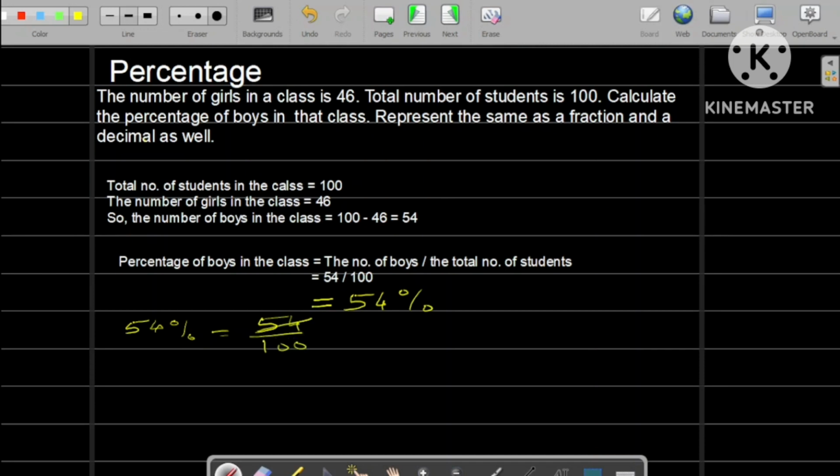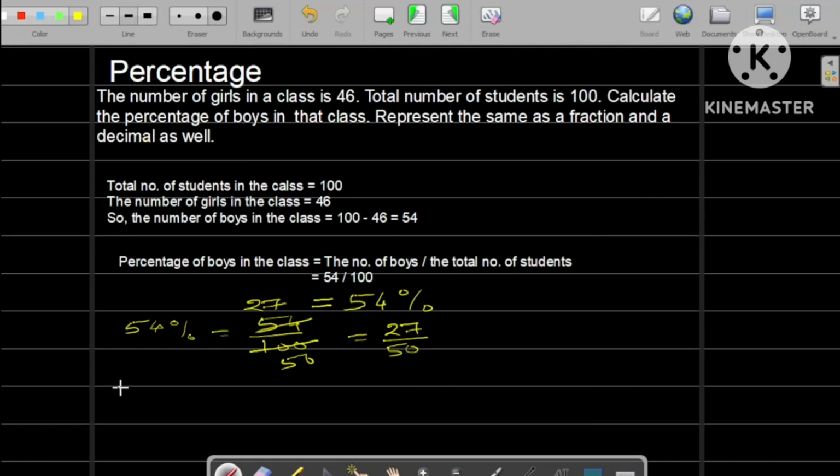If we cancel it out by dividing it with 2, we'll be having 27, and we divide it out by 2, we'll be having 50. So ultimately we have got this equivalent 27 by 50. Can further cancellations be done over here? No, because they do not have any common factor.